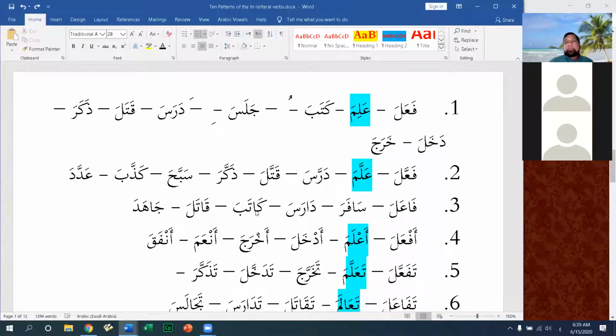So kitab is a different word from mukataba. Qatala: muqatilun, that's the fighter. Muqatalun, that's the one you're fighting. And muqatalatun and qitalun, both are masdar for this trilateral verb.